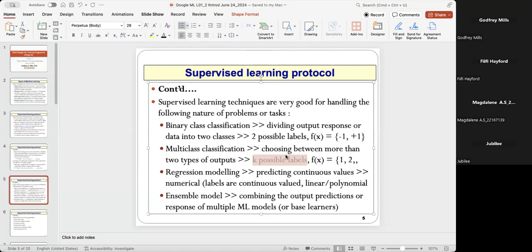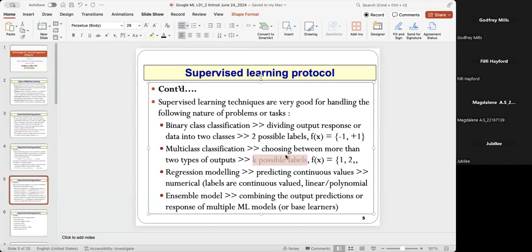Then the last of the supervised learning models is one technique called ensembling modeling. Now, what do we mean by ensembling modeling? When we put a number of supervised learning models together, we combine the decisions of multiple, maybe two or more, supervised learning models.